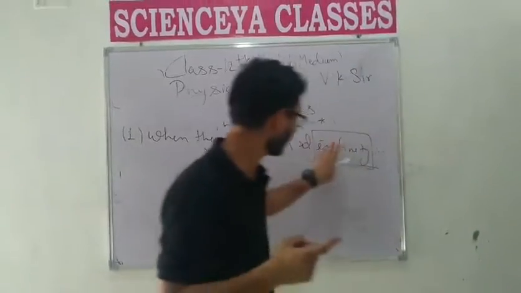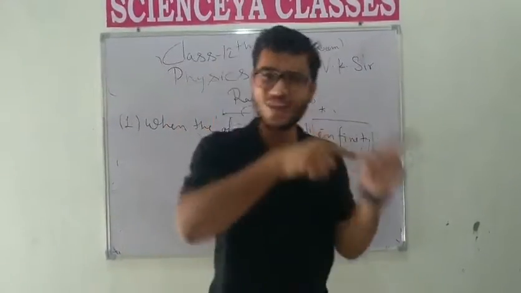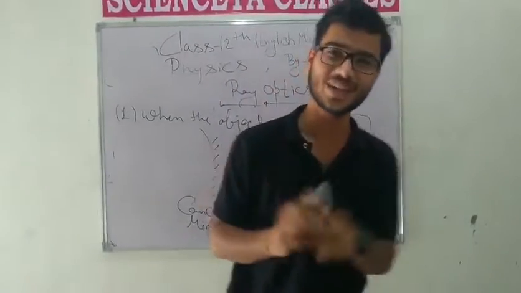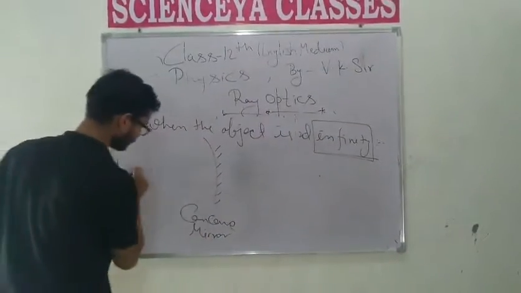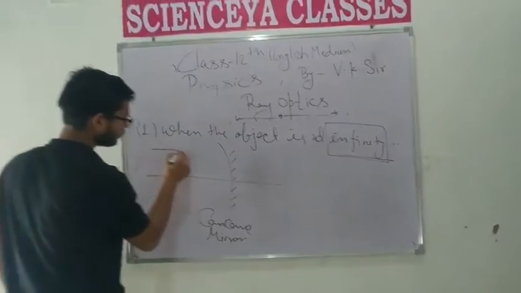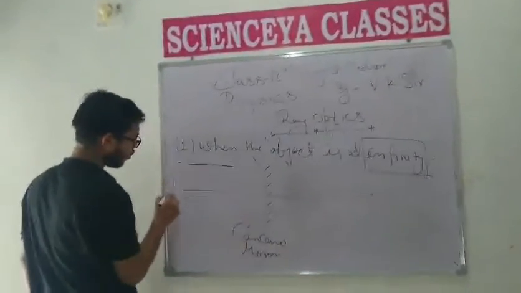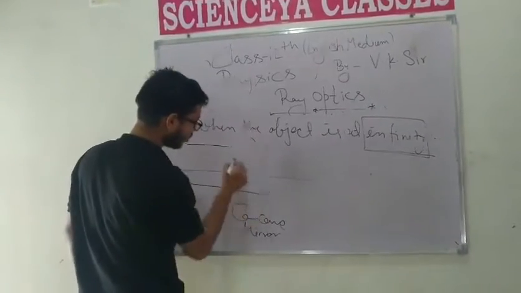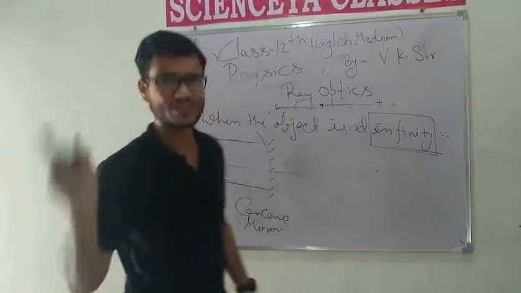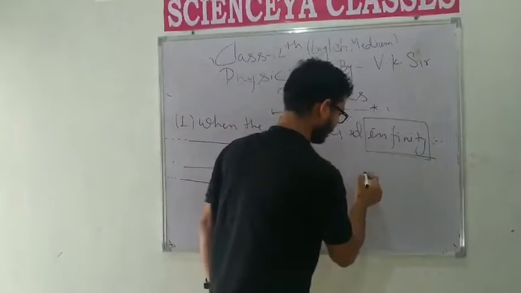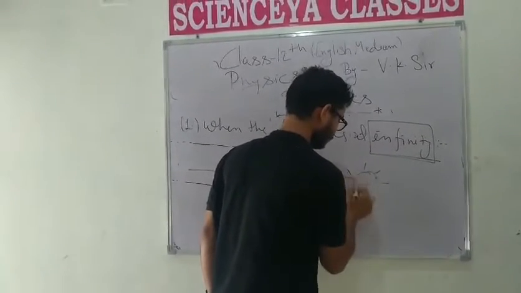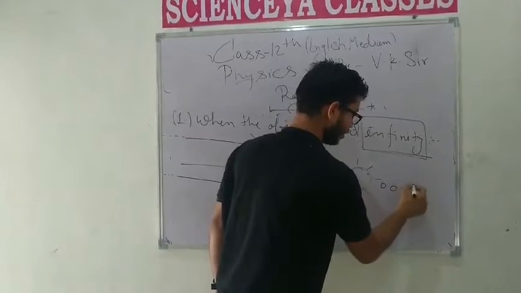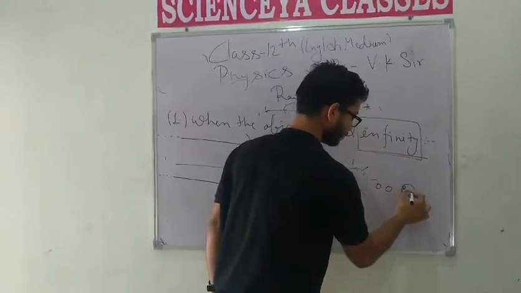Or we say, by relative term, the image formation by concave mirror is infinity compared to convex mirror. Student, suppose the rays of light coming from the sun, because the distance of the sun from our earth is infinity. This is the sun, this is Venus, Jupiter, and this is our earth.